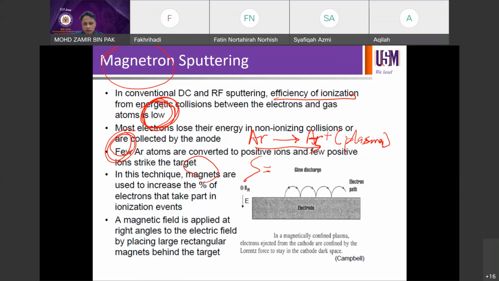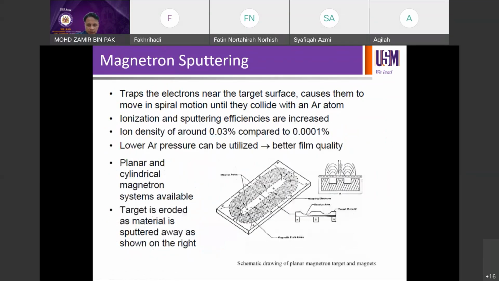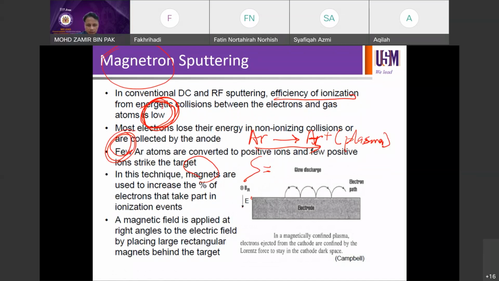So you can look at the picture on the right there. You have your sputter target here.